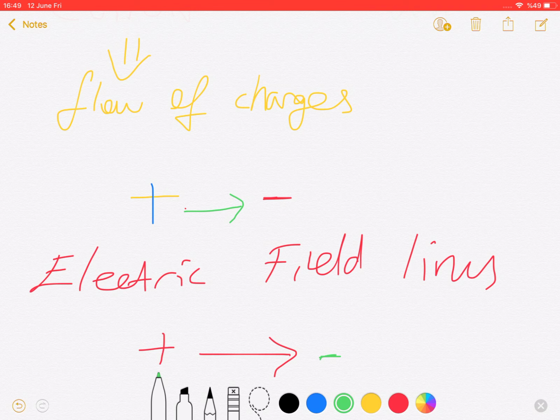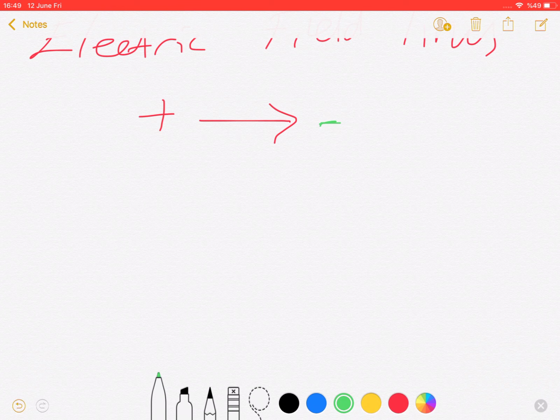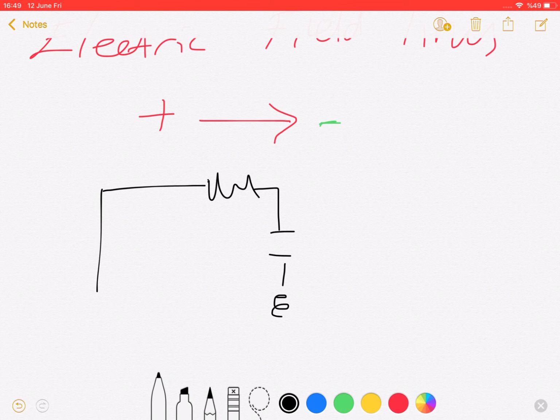So if I have a circuit, just such a circuit, what I need is this magical device.